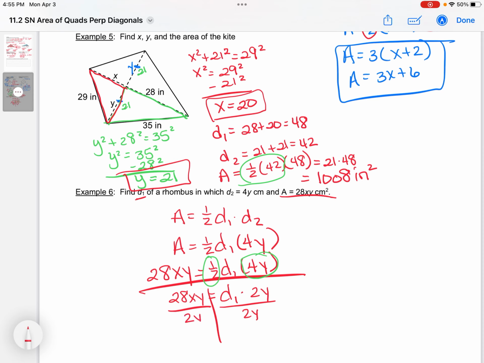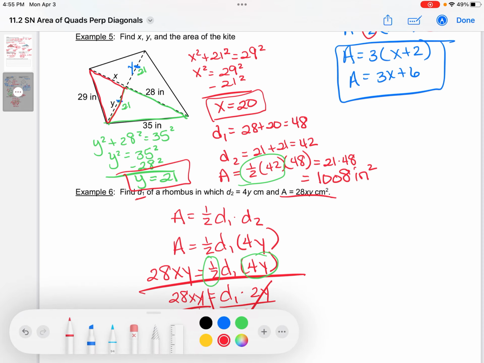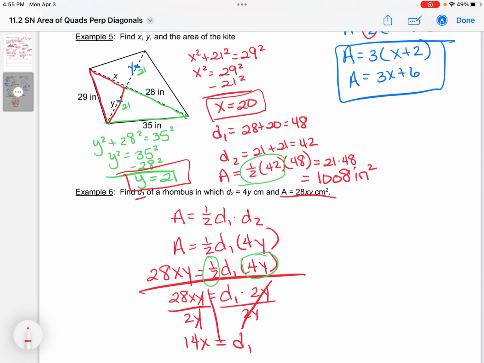I'm going to divide both sides by 2y. So my y's cancel out. And I end up with D1 over here. And I end up with 28 divided by 2, which is 14x for my D1. So D1 is 14x. If I multiplied that times 4y, and divided by 2, I would get 28xy centimeters squared, so that means this is centimeters, which I can't write right there.